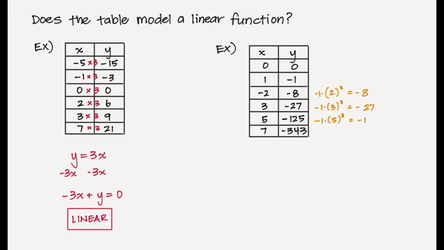And I can see this pattern repeating in just about all my rows. 7 cubed is 343. I can multiply that by negative 1. So the pattern here: y is equal to negative 1 times that x value cubed. But that already is not going to give me a standard form equation, which means that this is going to be a nonlinear function. And that's it.